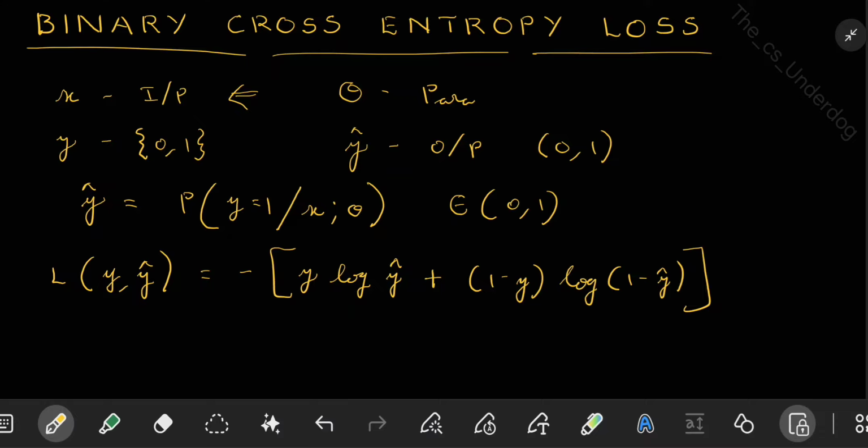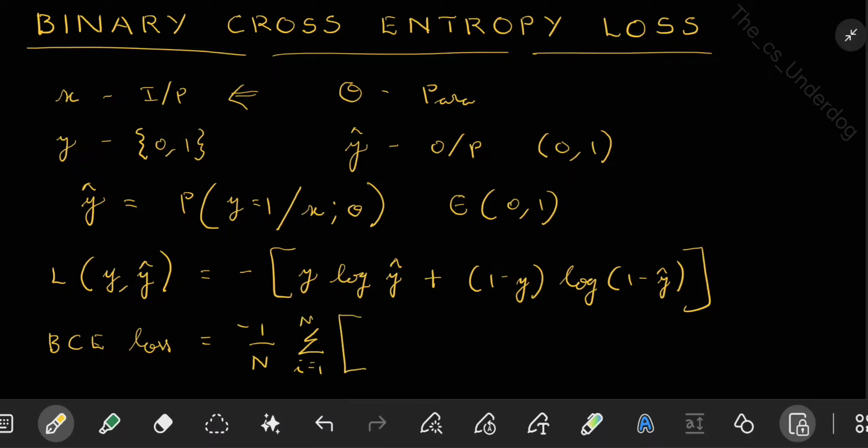For now, I just want you to be familiar with the formula. Then we'll see how exactly this formula is coming. What does this mean? This is for a single training example. Generally you won't be having just a single training example. You will have n examples. So considering that BCE loss, binary cross entropy loss, this can be written as minus 1 by n, that is for n training examples, 1 by n sigma i is equal to 1 to n.